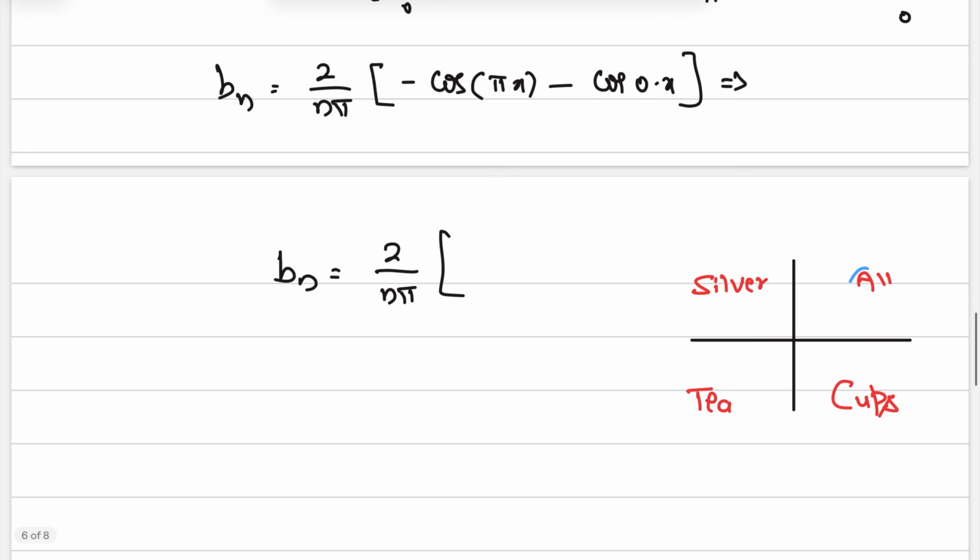Here all are positive, here sin is positive, here tan is positive, here cos is positive. That means cos pi x is minus 1.